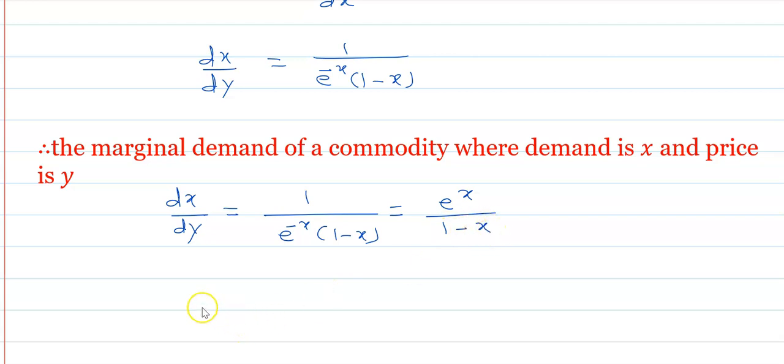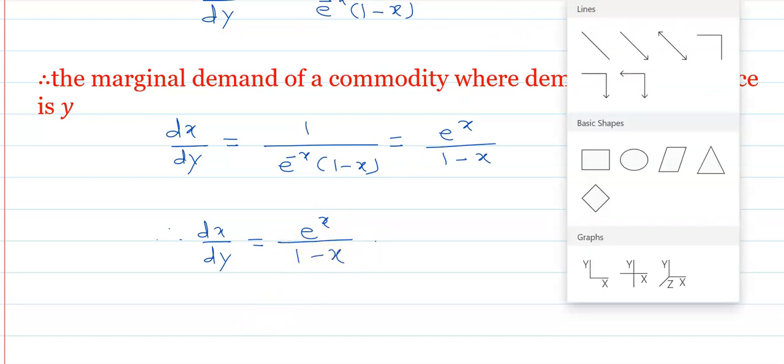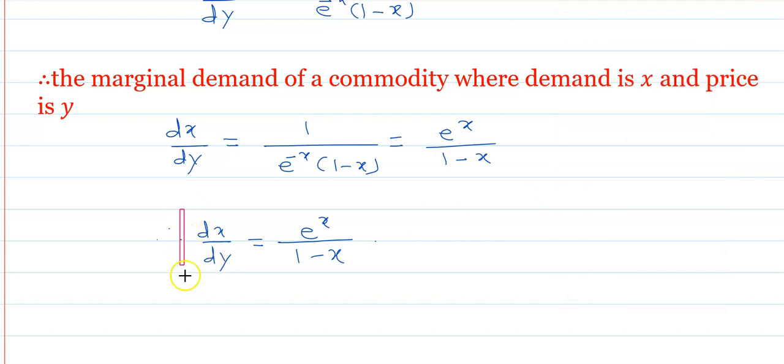Hence, dx upon dy is equal to e raised to x upon 1 minus x. Okay, and this is the answer.